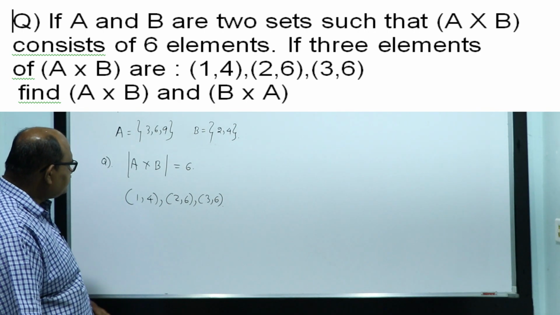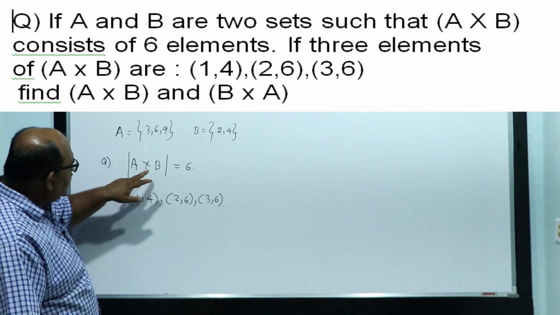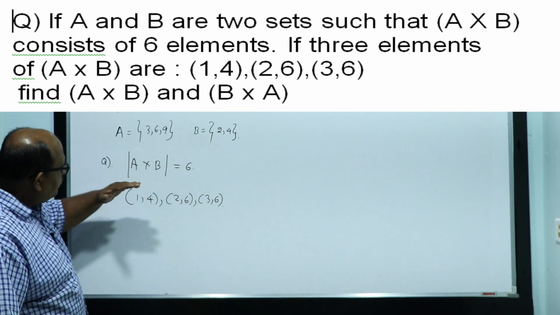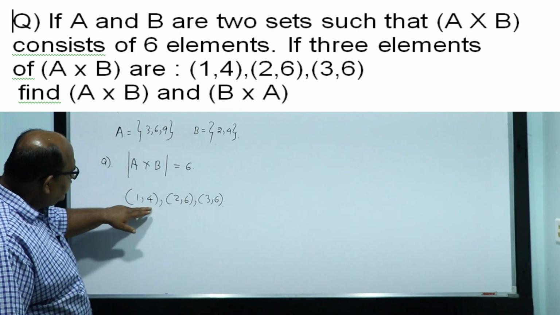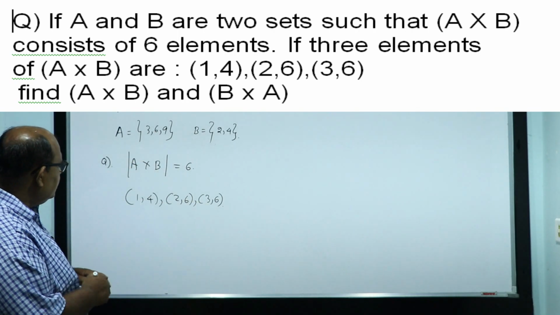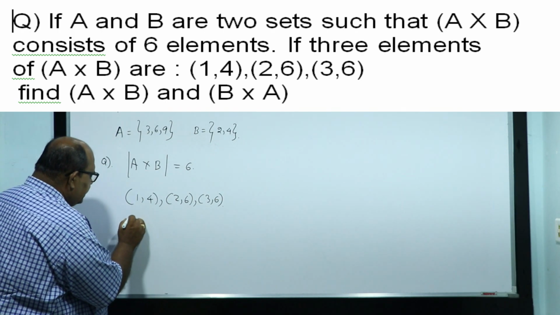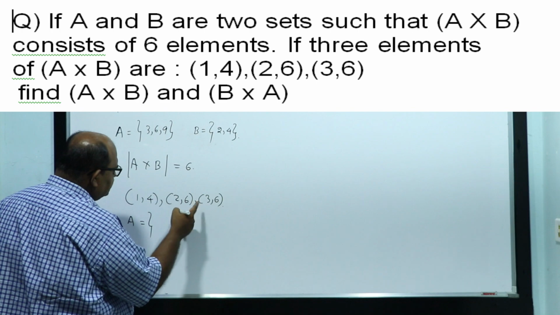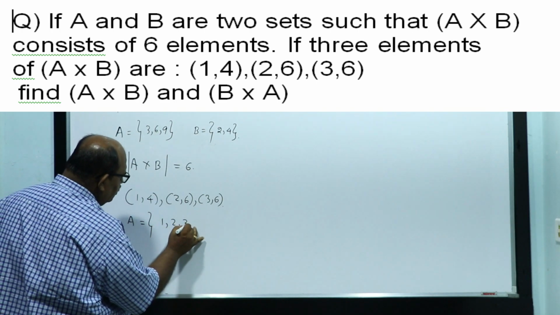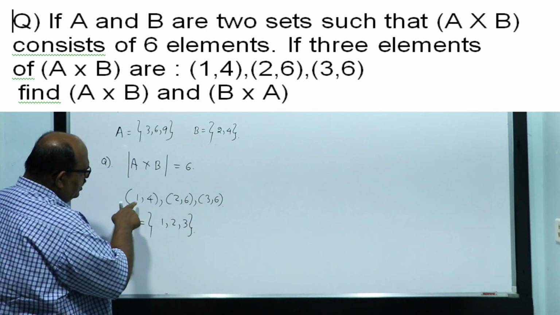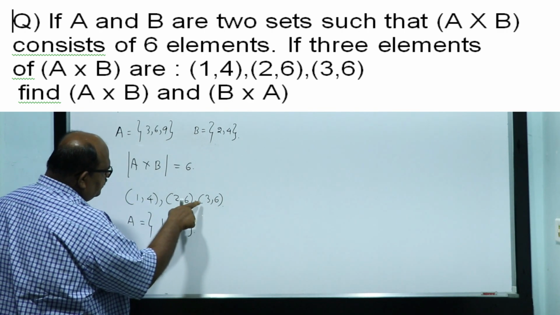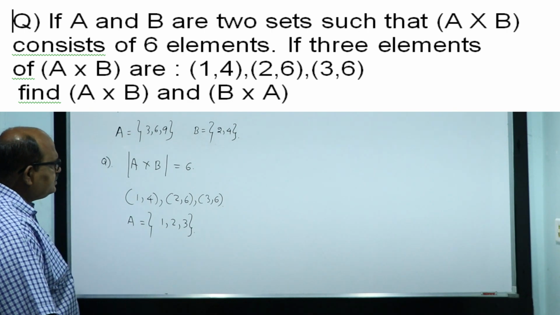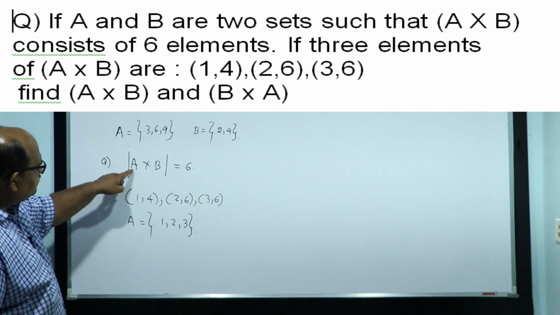So look, set A into B contains 6 elements. From those 6 elements, 3 elements are given. So this clearly indicates set A contains 3 elements: 1, 2, 3. Because the first elements of the ordered pairs represent the first set.